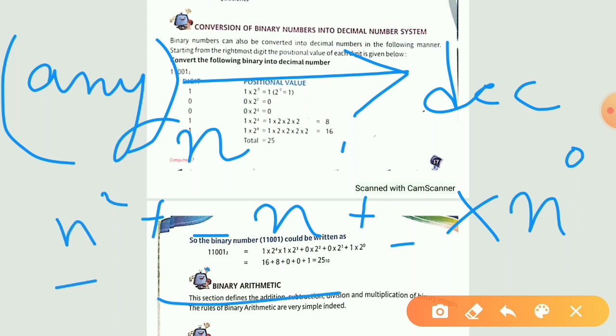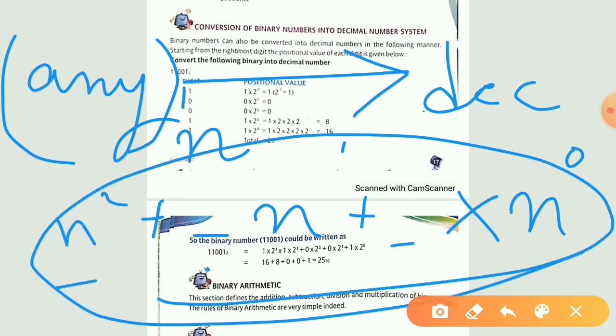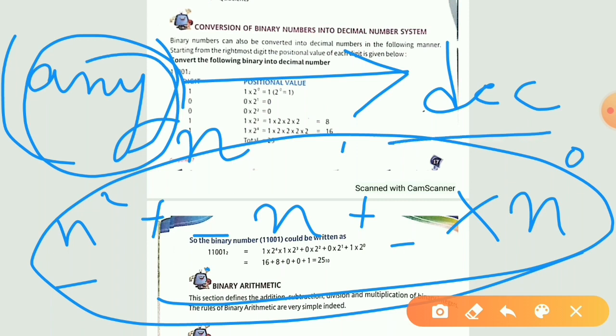Whether it is an octal number system, you multiply by 8 to the power 0, 8 to the power 1, and so on. If hexadecimal, you multiply by 16 to the power 0, 16 to the power 1 and so on. If binary, you multiply by 2 to the power 0, 2 to the power 1 and so on.